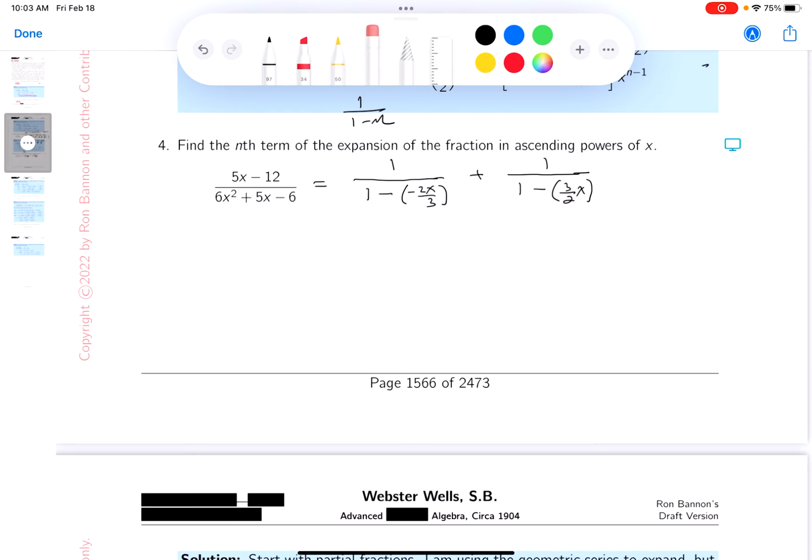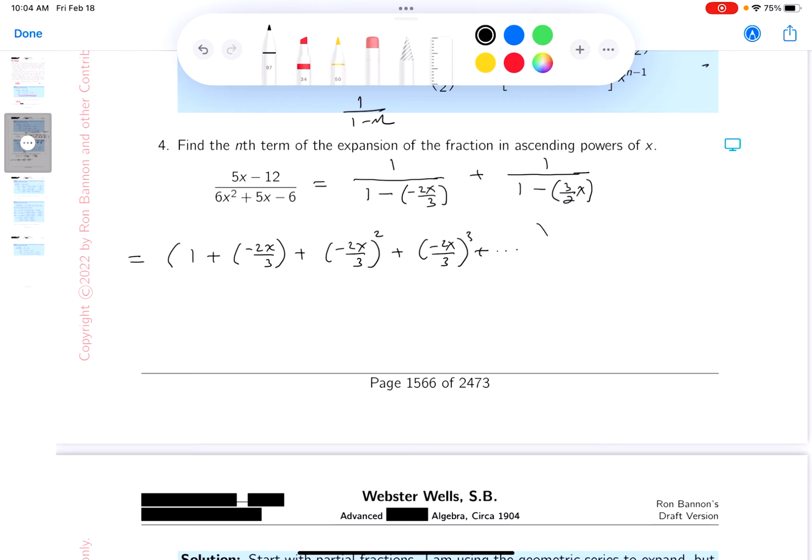All right? So it's tough, but I'll write it down for you. And the first one, fairly simple. What's it going to be? Well, 1 plus, I'll be very careful to write these terms down for you, minus 2x over 3 plus minus 2x over 3 squared plus minus 2x over 3 cubed plus yada, yada, yada.